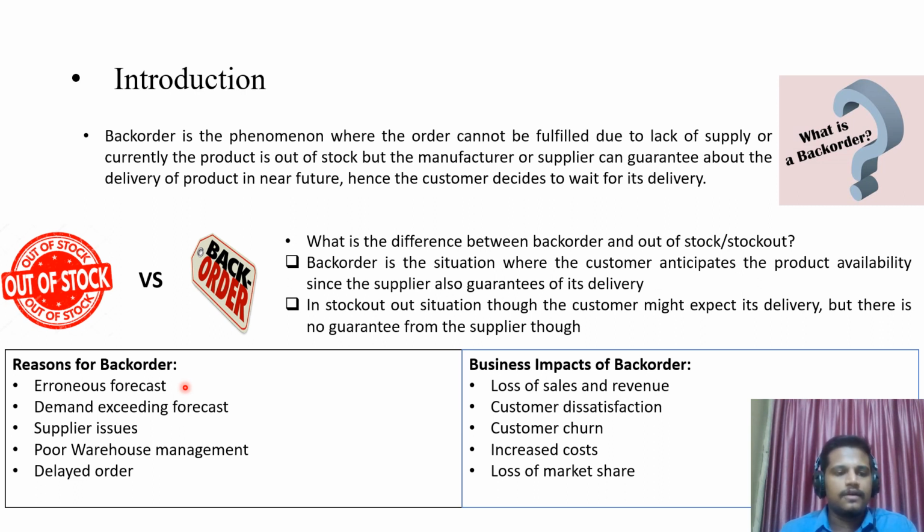The second reason is demand exceeding forecast. There might be a sudden spike in the demand for a product, and due to that more customers are buying it, so the products are getting into the situation of back order. A very recent example for this is the hygiene product back orders which we witnessed during the COVID pandemic.